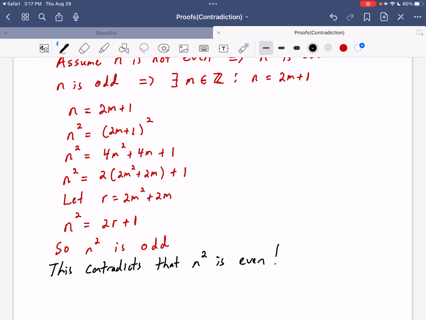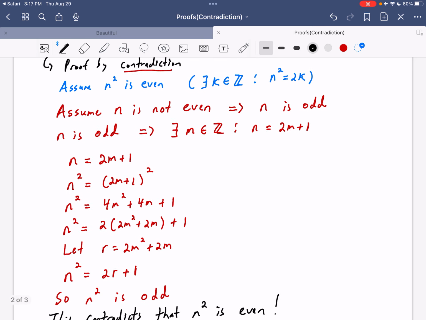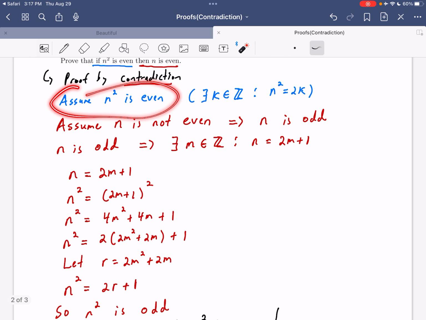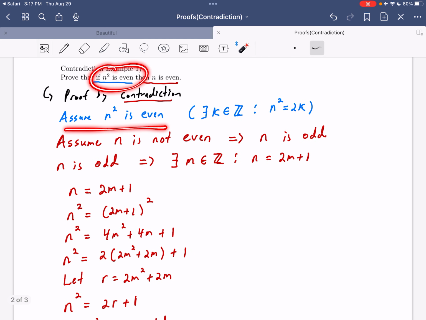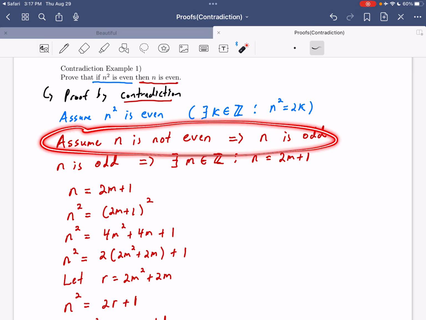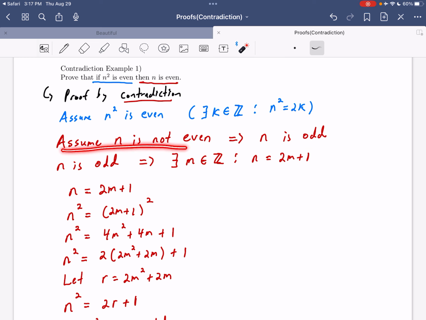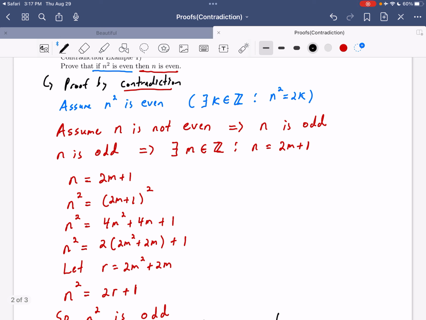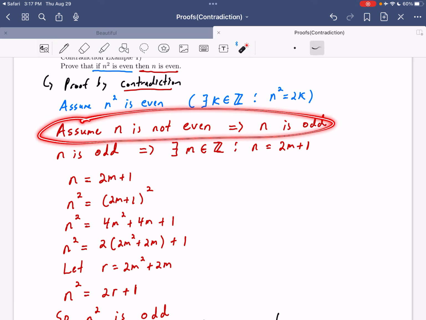Okay, so that must mean something was wrong. We're not going to say this assumption is wrong because that's part of the given of our statement. Well, what must be wrong then was this extra assumption that we made here, that n is not even, aka that n is odd. So we know that this extra assumption must be incorrect.